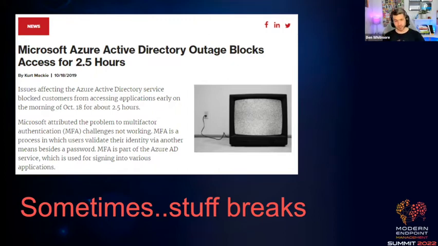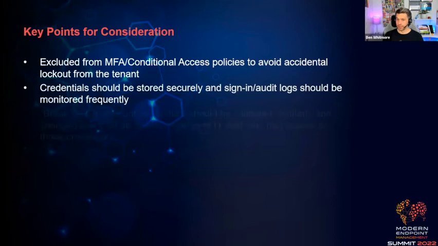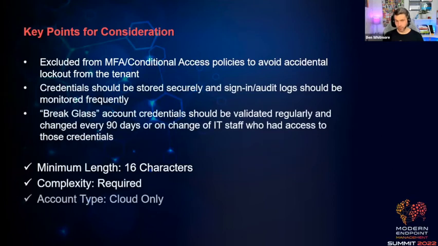So we've already talked about the diagnostic settings and sending your sign-in logs to Log Analytics. Well, set some alerts up in Log Analytics to tell you when the break glass admin account is being used. It should only be used in emergencies, but it may get you out of a hole. We recommend rotating the password as well, just good practice, but make the password complex.